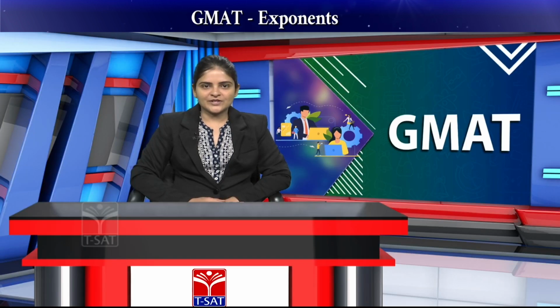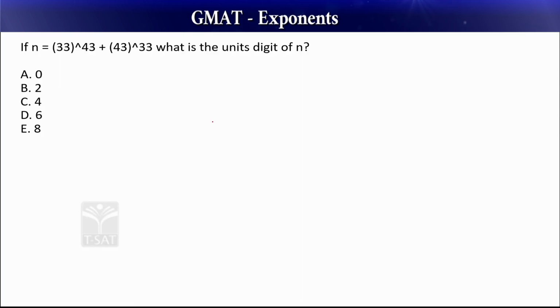Let's move to the next question now. If n is equal to 33 raised to 43 plus 43 raised to 33, what is the units digit of n? So when you're calculating the units digit, you can forget whatever comes before the units digit. You're only concerned about the units digit. So n is equal to 33 to the power of 43 plus 43 raised to 33.